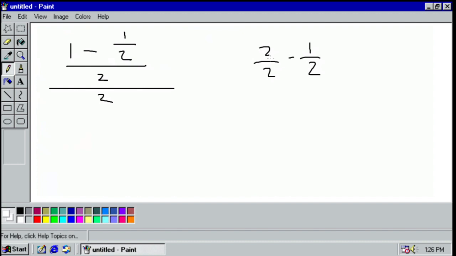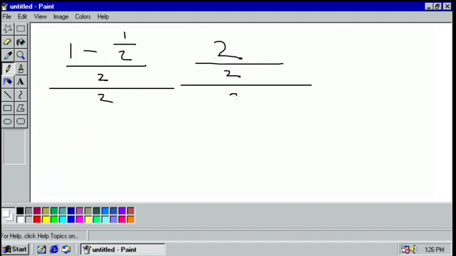Since 2 over 2 is still equal to 1, now what we have left is 1 half, since 2 minus 1 is 1 and the denominators you can just copy.